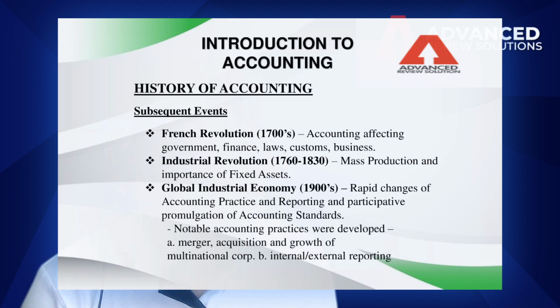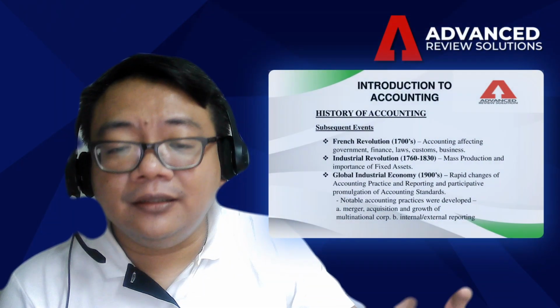There would also be the industrial revolutions in the 1760s and 1830s, that would be mass production and the importance also of fixed assets. Okay? Meron din tayong tinatawag na global industrial economy. That would be the rapid changes of the accounting practice and reporting, and the participative promulgations of the accounting standards. So today, we have accounting standards from the 90s.